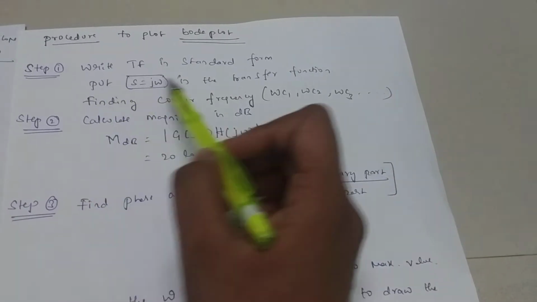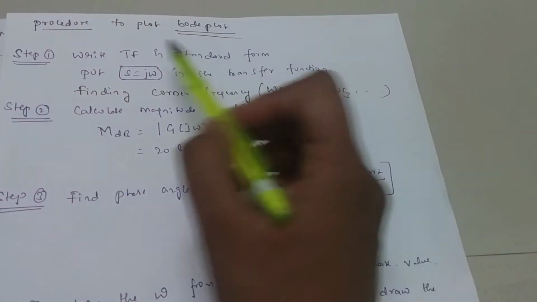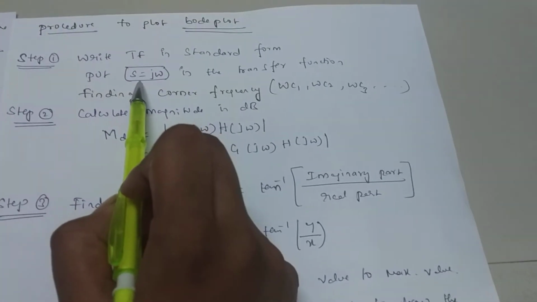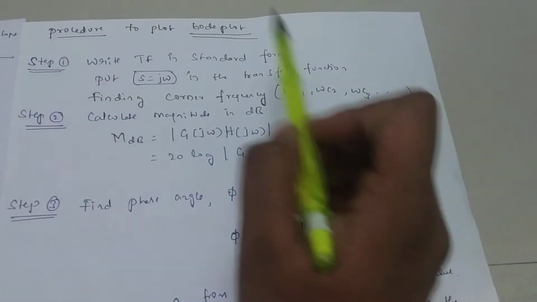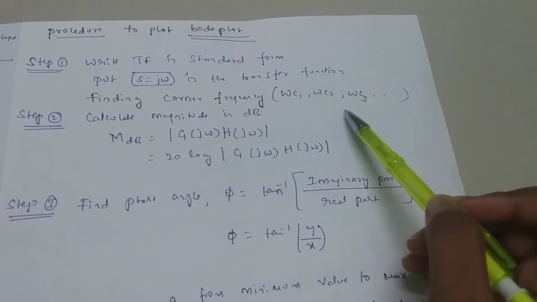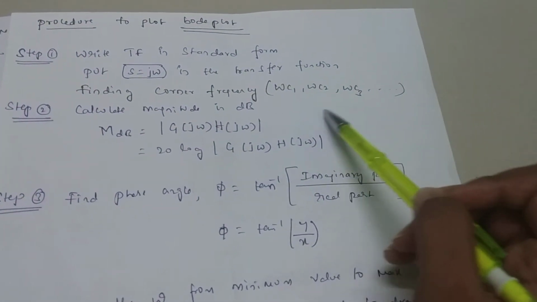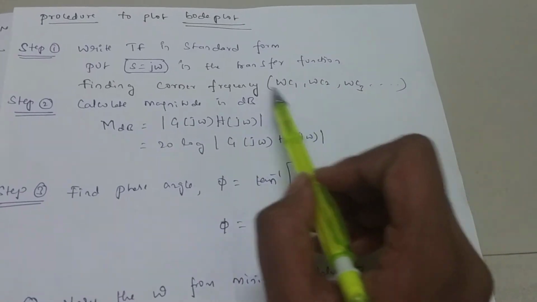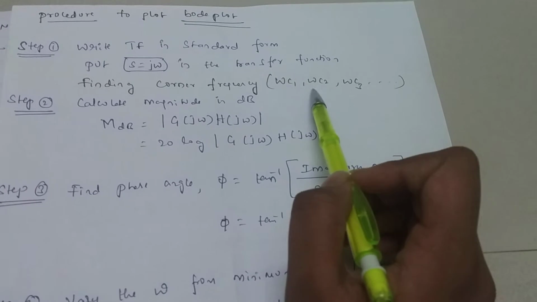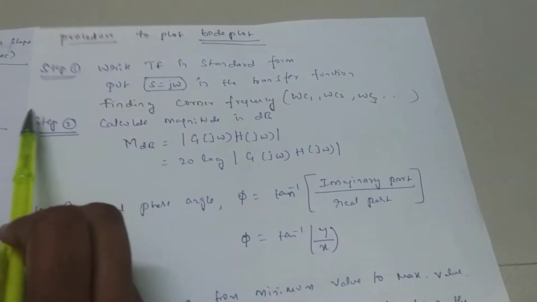The first step is writing the transfer function in standard form. If it is already in standard form, there is no need to write it again. Just replace s with j omega in that transfer function and find the corner frequencies. For the corner frequency we have the formula 1 plus j omega by j omega c1. Similarly, we take the corner frequency values as omega c1, omega c2 and omega c3 found in step 1.